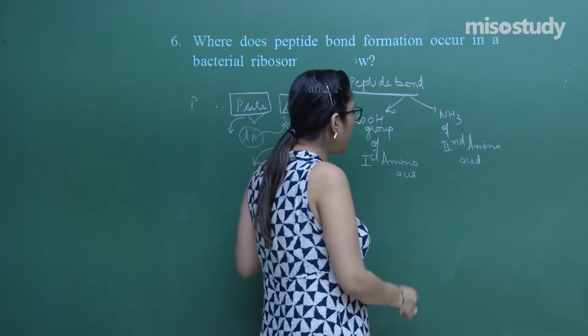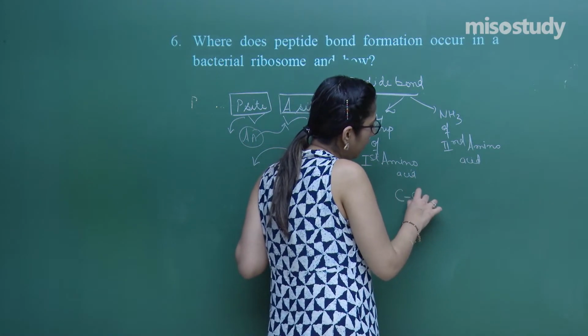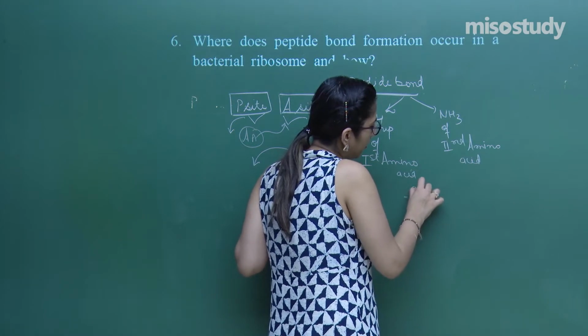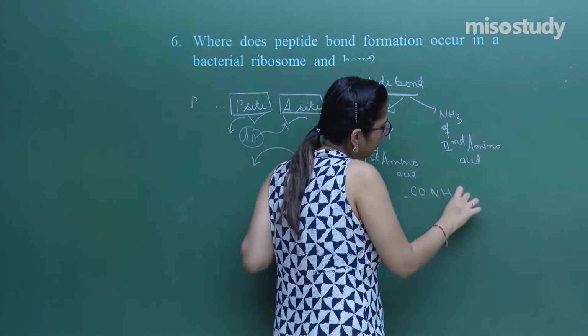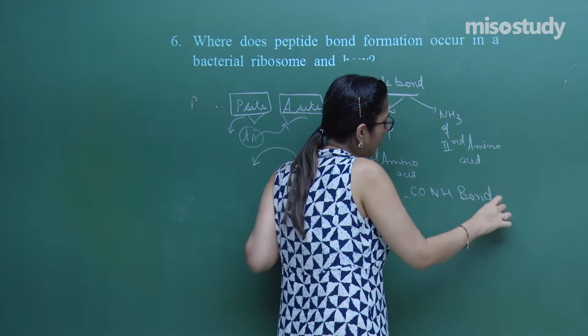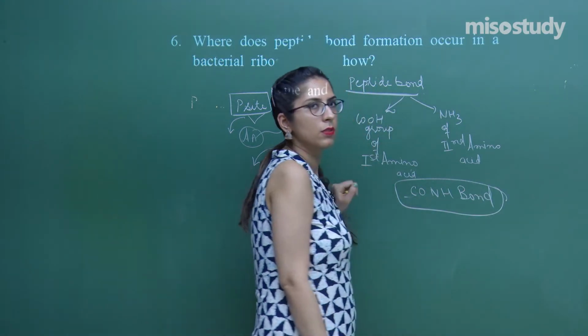Peptide bond. And when we talk about the peptide bond, we can call it a CONH bond. When we write it in a normal way, we call it a CONH bond, right?